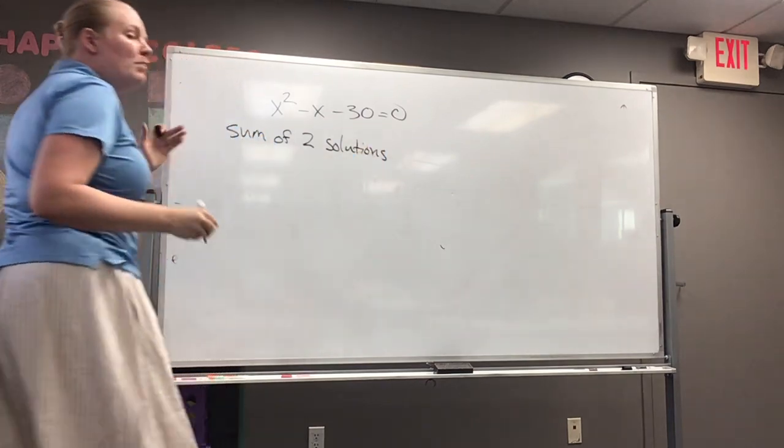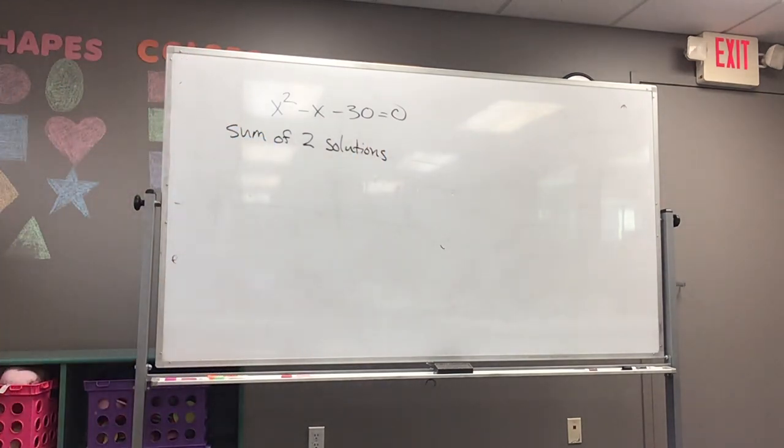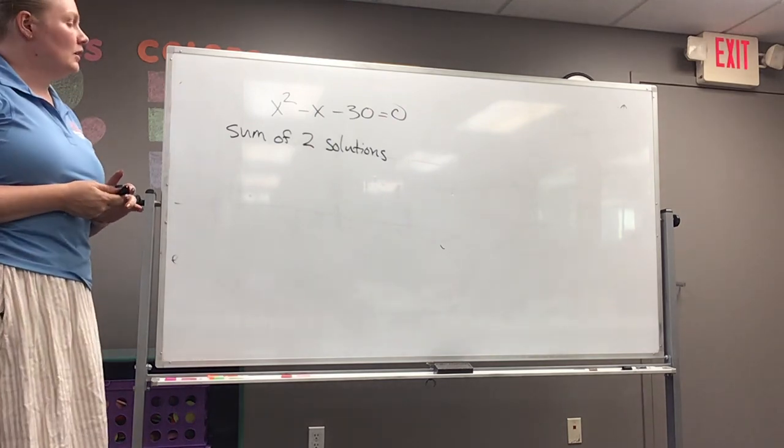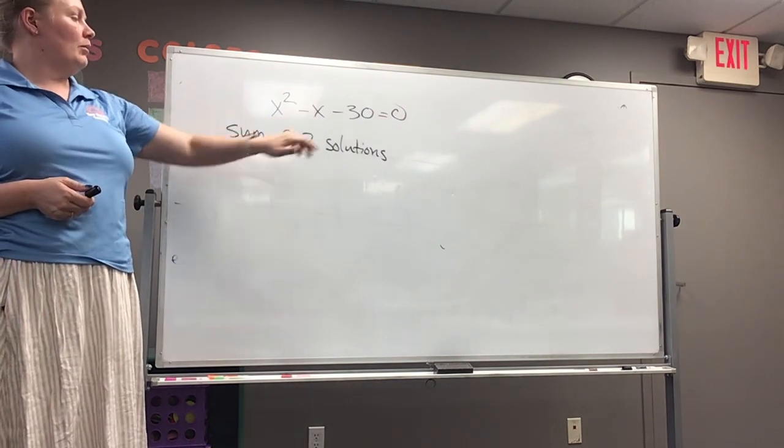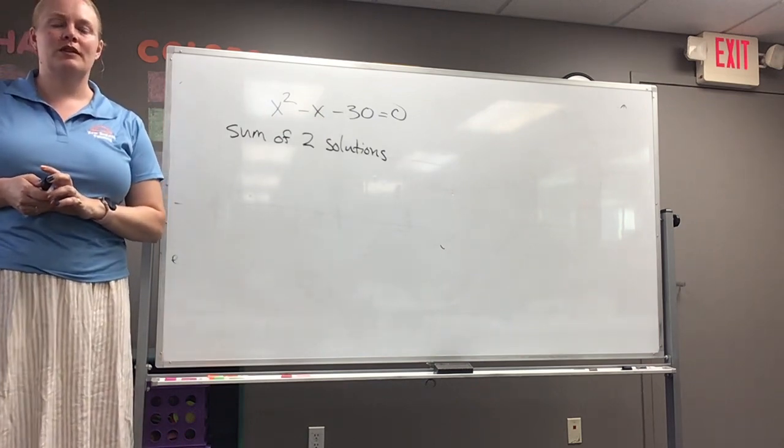And so it kind of buries them within that question. It's a leading coefficient of 1, which is kind of friendly, but you have to be able to find the zeros of this equation.